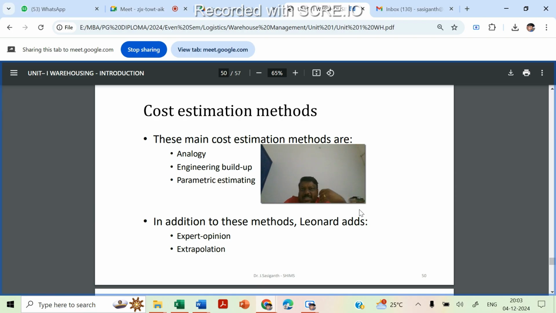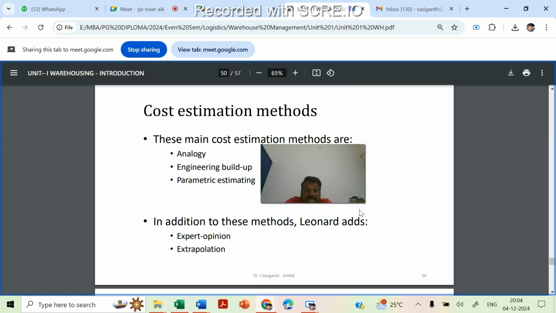Or else, if I'm just storing provisions, food packets, definitely I need to make my warehouse build-up area according to that. So engineering will be done. So parametric estimation will be calculated according to the analogy and the engineering build-up.